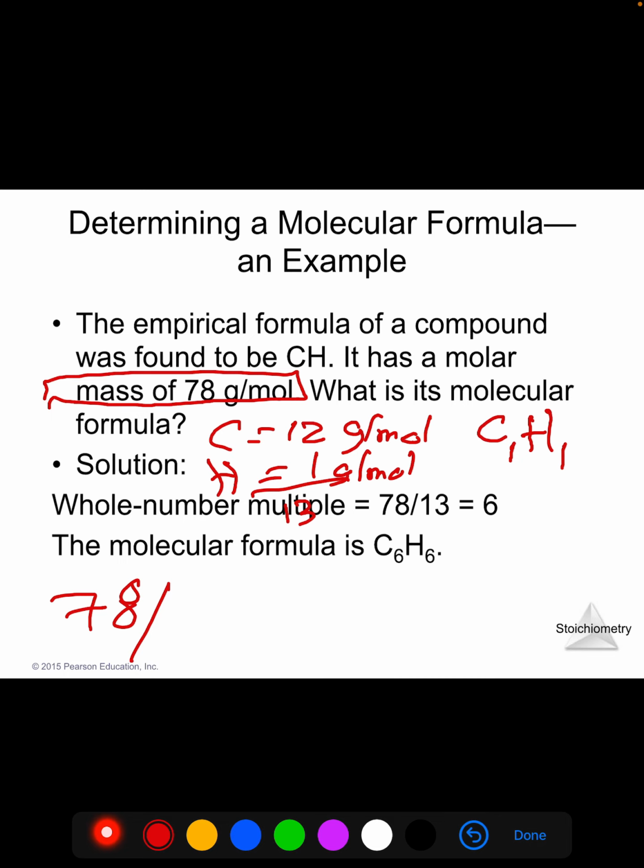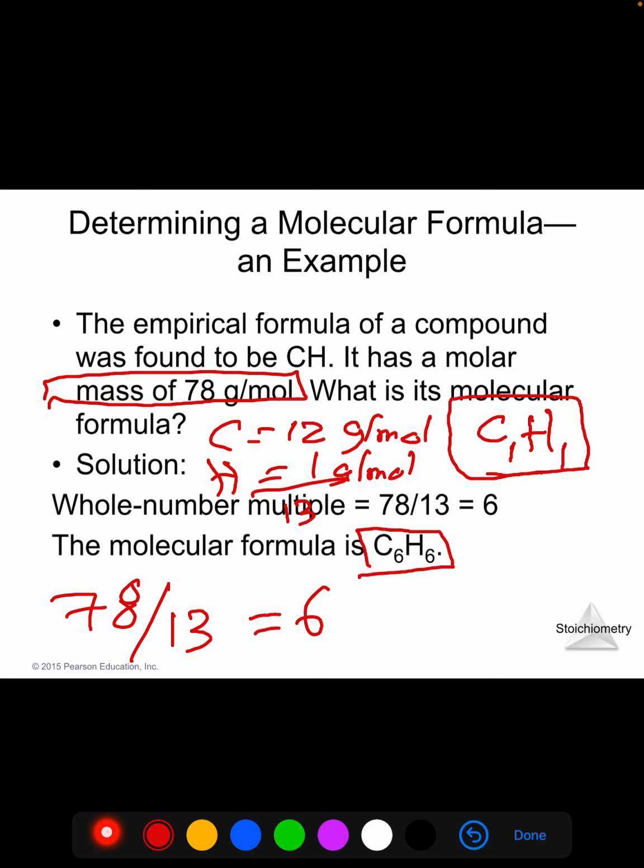So we divide by the mass of our empirical formula, simplest formula, small whole number formula, but not the actual formula, by 13, we get that it's 6, and we end up with C6H6. You know, if it had been CH2 and we got 6, you would say C6H12, for example.